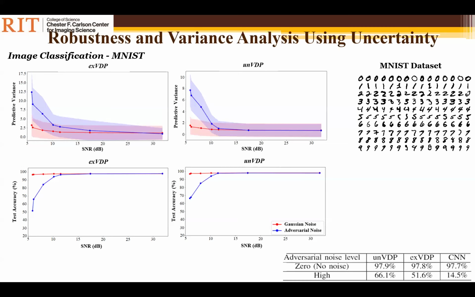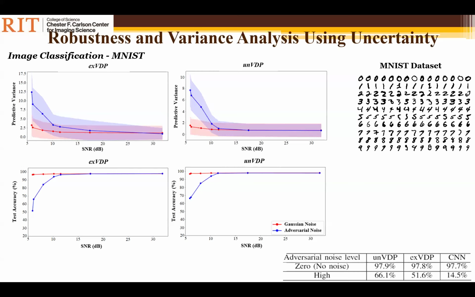Now, we did some comparison here where we also wanted to check how our model is doing versus a deterministic network. And we see that even though the accuracy drops at the very high level of adversarial noise, to 66% for our model, the deterministic network, the regular network, performed at 14%, which is the level of random guess, because we have 10 classes for digits from 0 to 9.